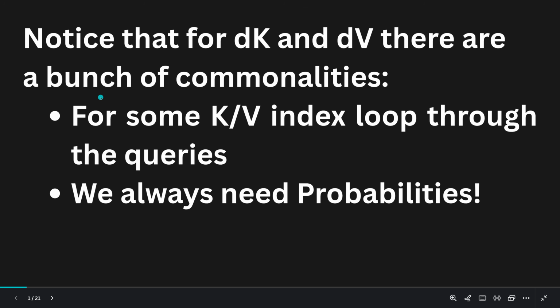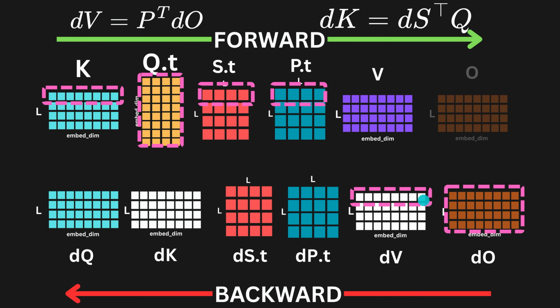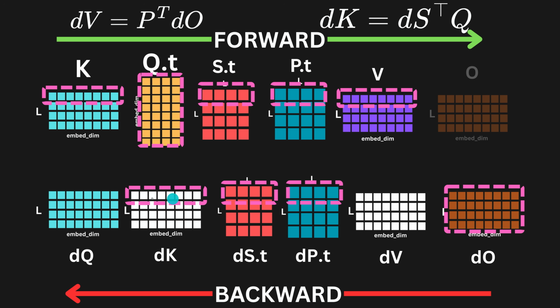In the same way, if you've noticed, for dk and dv there's a bunch of commonalities. For some key and value index, we loop through the queries and we always need these probabilities. So it's kind of convenient to do them all at once. We can actually compute the keys and values at the same time. If I want this specific value here, dv, I need all of these pieces of information, just like we saw earlier. If I want this specific key here, I need all of these pieces of information to compute it.